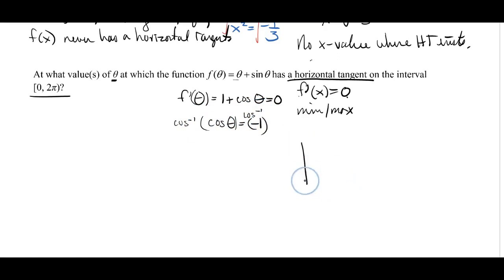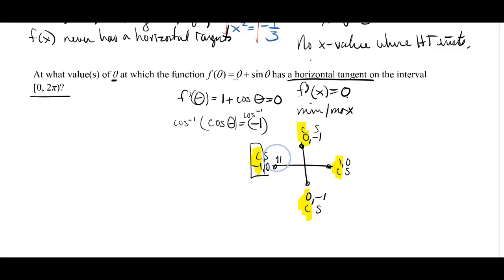I can do this manually. I can look at my unit circle and consider all of my values here. And at what point does cosine equal negative 1? By examination, I can see that cosine only equals negative 1 at pi.